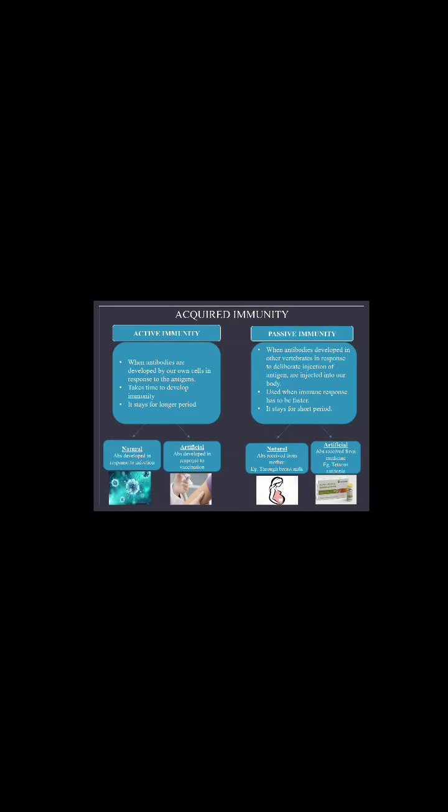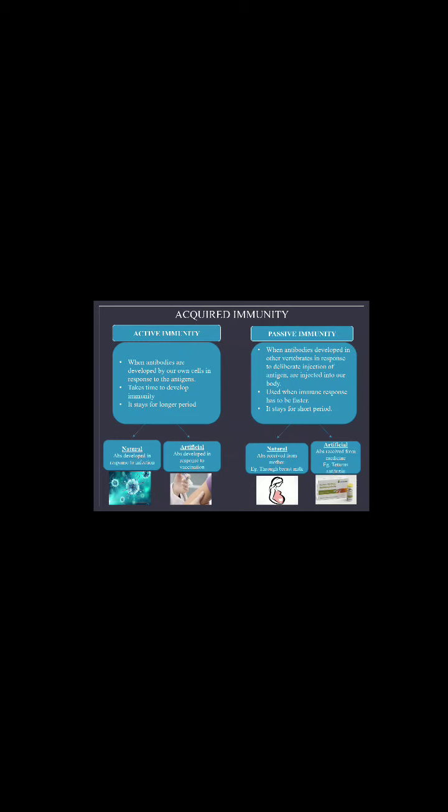Now, what is natural? Natural is when these antibodies go directly. Immunoglobulin G antibodies can cross the placental barrier to reach the fetus. That is natural. Or IgA antibodies are produced in the milk, colostrum, which we have studied before.